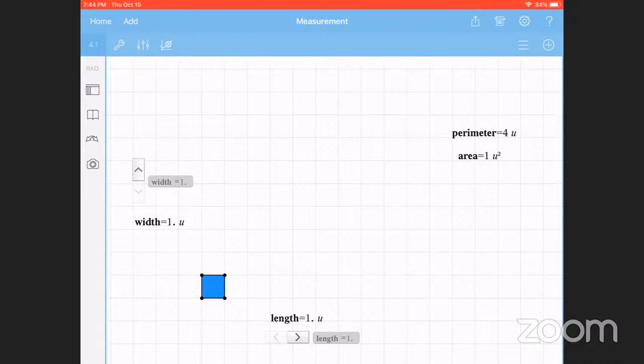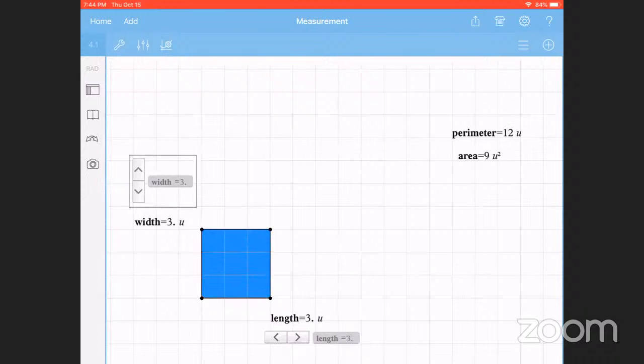So Johnny, if I'm going off of what we talked about and our length, and you can see how the area is just increasing 1 with the length and the perimeter is increasing by 2. But then if I increase the width a couple here, you can see, oh, that changed the area to 9.